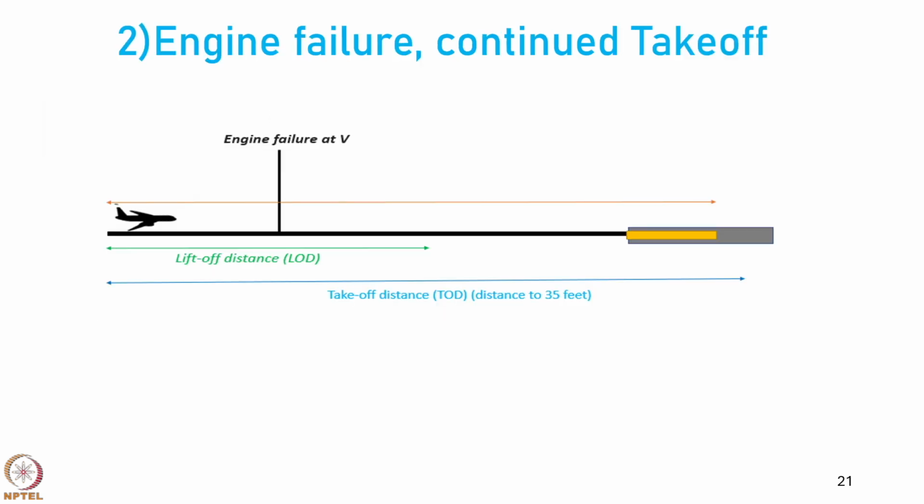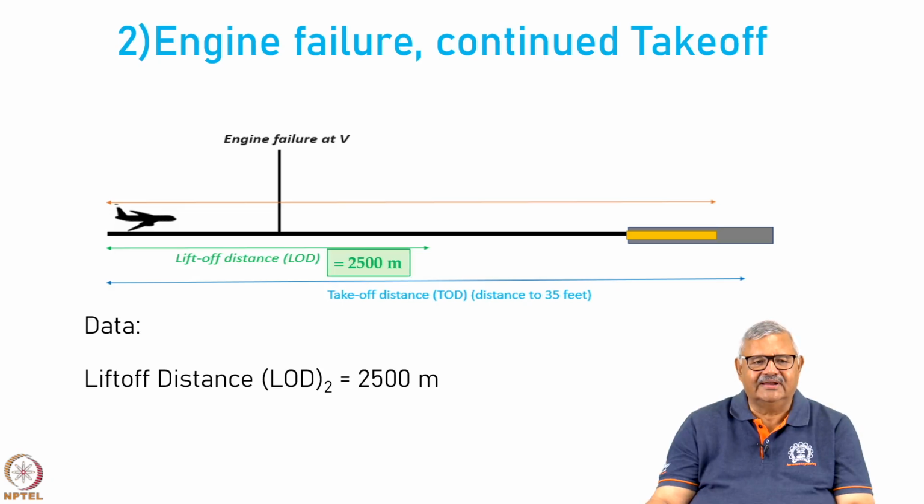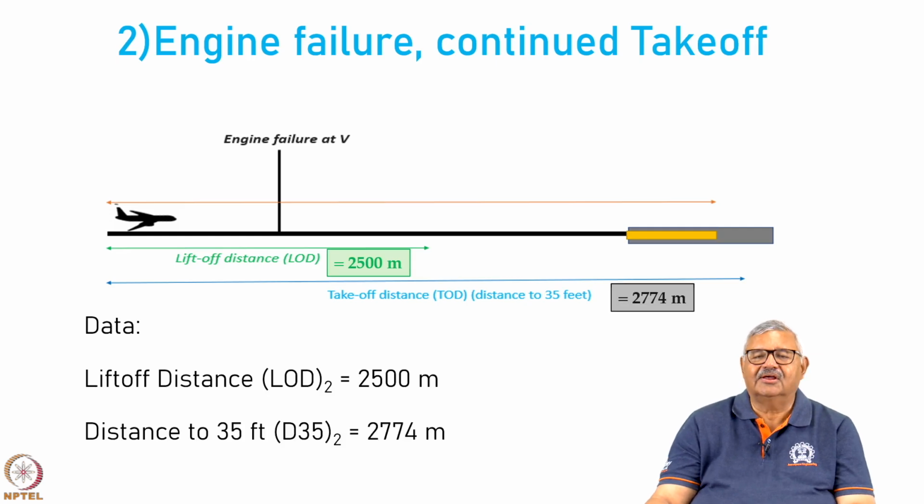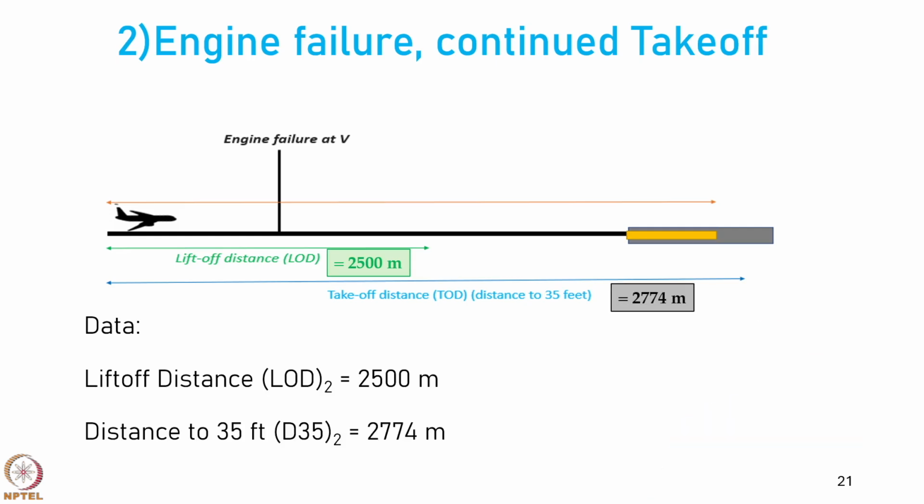Moving on to the next case, which is the engine failure continued takeoff case. Here also the data tells us that the liftoff distance is 2500 meters and the takeoff distance to obstacle height clearance is 2774 meters. The formula is CL2 max is equal to half of TOD2 minus LOD2.